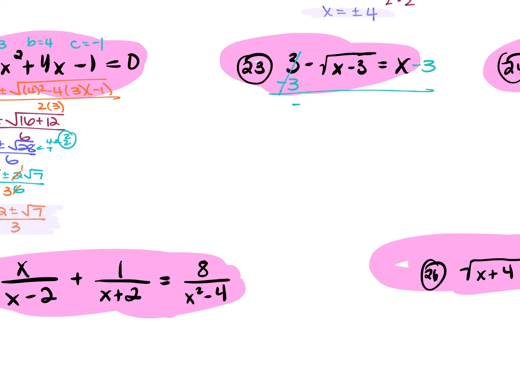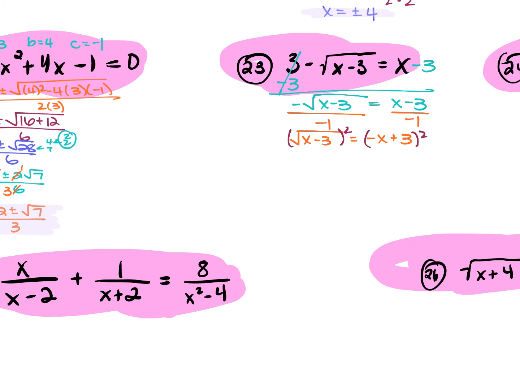This is going to give us the opposite of the square root of x minus 3 is equal to x minus 3. From here, divide each side by that -1. So this is going to give us the square root of x minus 3 is equal to -x plus 3. In order to get rid of that radical, square both sides. It has an index of 2, so raise each side to the power of 2.